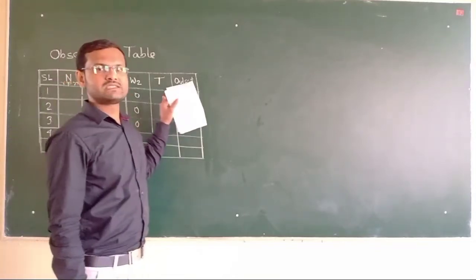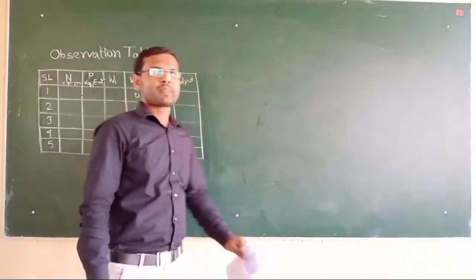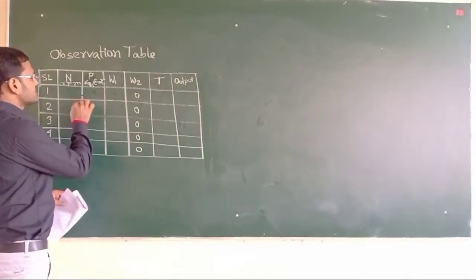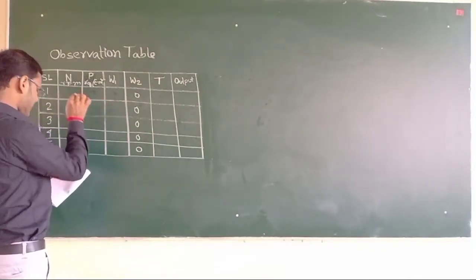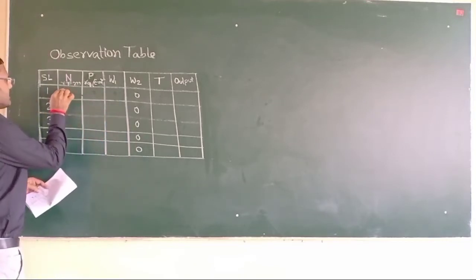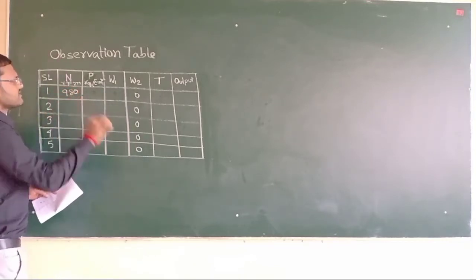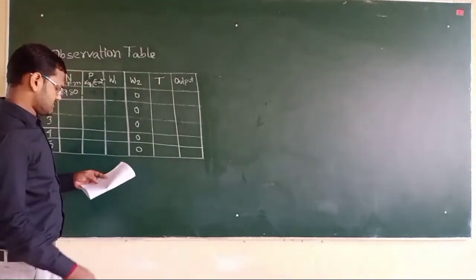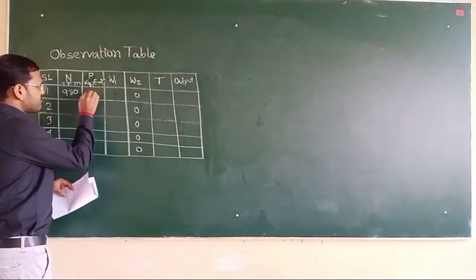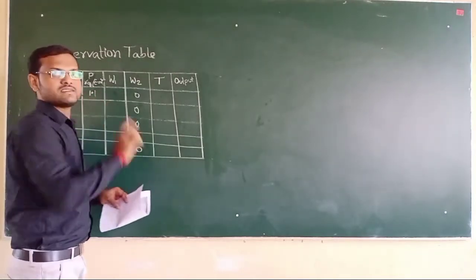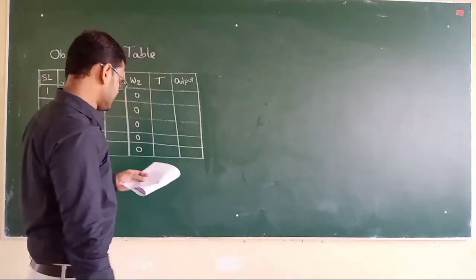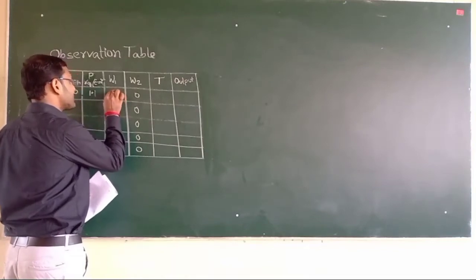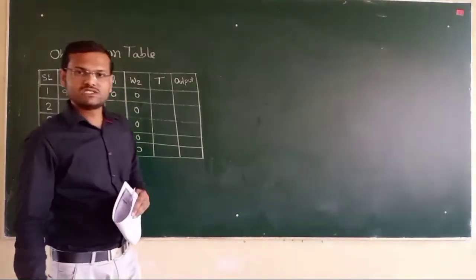Then we need to calculate T and output. So we put all the values. First we put the N, 980, and then the pressure gauge reading was 1.1 kg per centimeter square, and the load we applied on the turbine is 0.